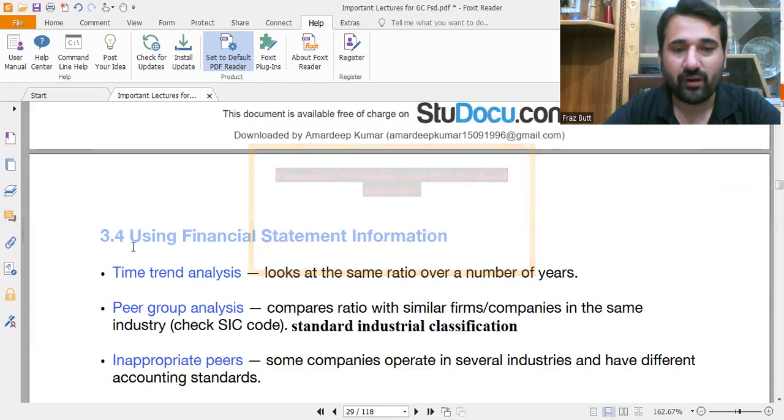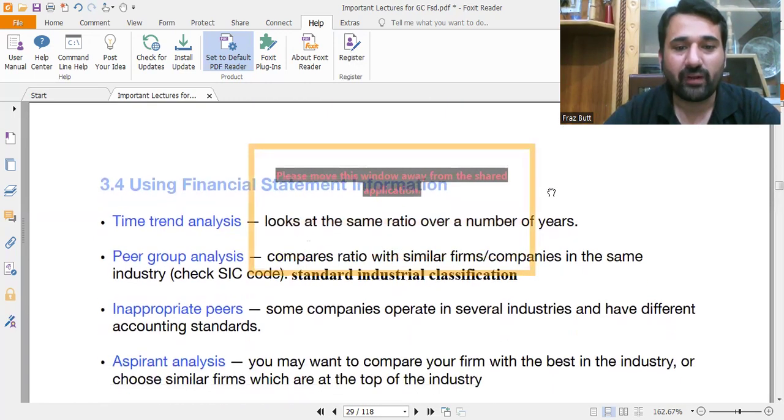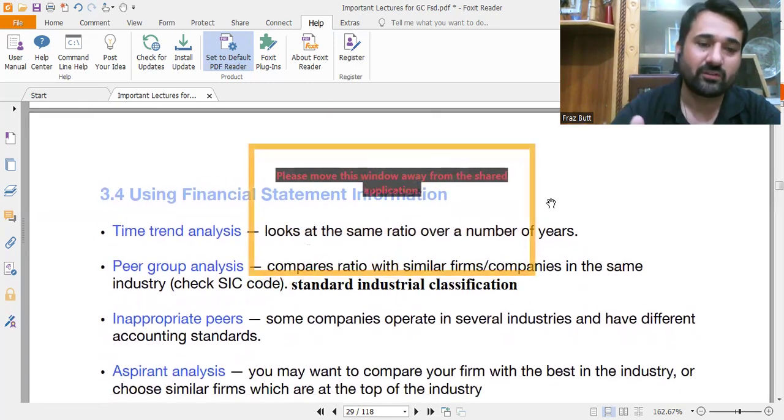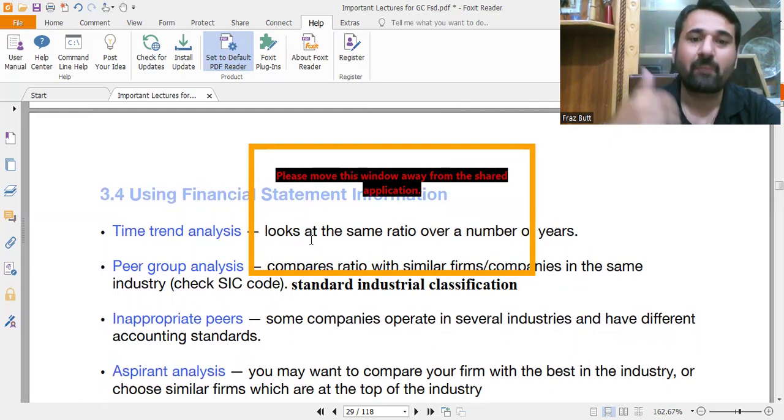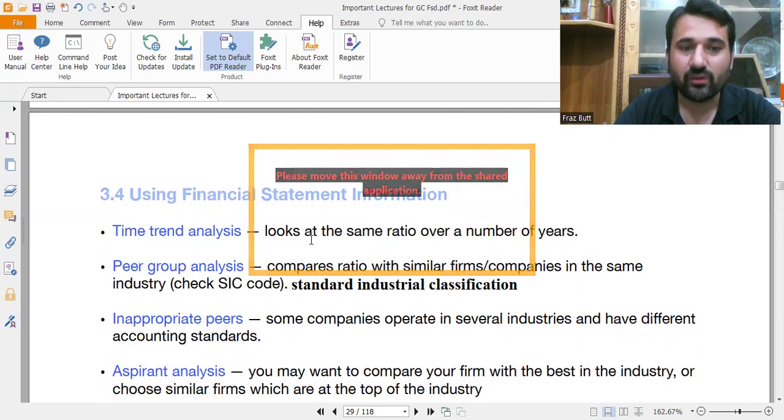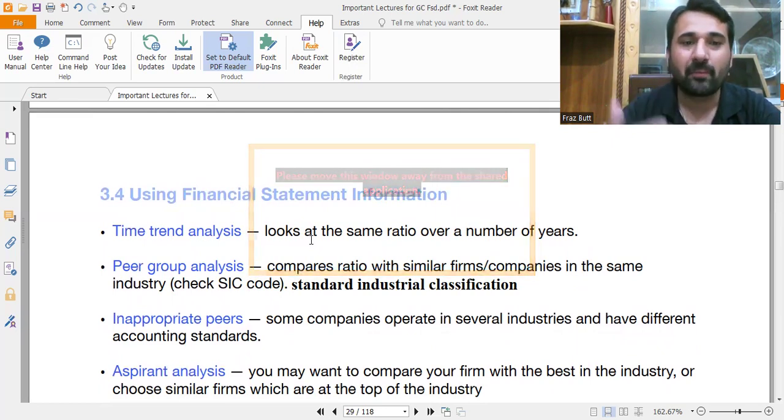Then the next topic for today's discussion is using financial statement information. How we use information from the financial statement, and what is our purpose for using that information. First one is time trend analysis. In time trend analysis, we look at the same ratio, for example, profitability ratio or the liquidity ratios, again and again for a number of years.